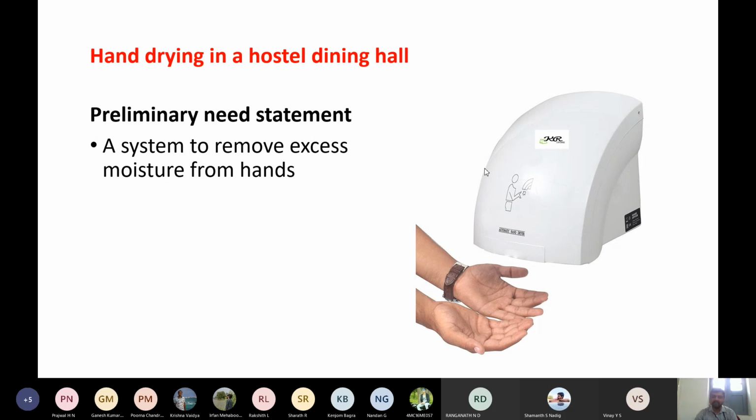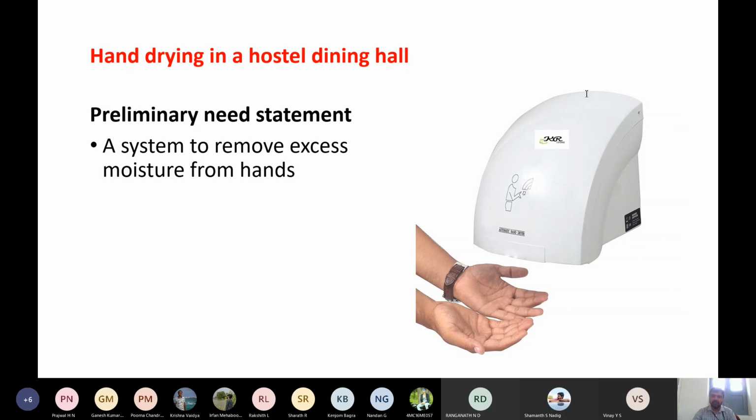That means every day you go to the hostel dining hall thrice, 3 times. Before eating food you are going to wash your hands, then use the hand dryer. After having lunch or breakfast, again you are going to wash your hands, so then also you need the hand dryer. So totally per day every student may use this hand dryer 6 times.